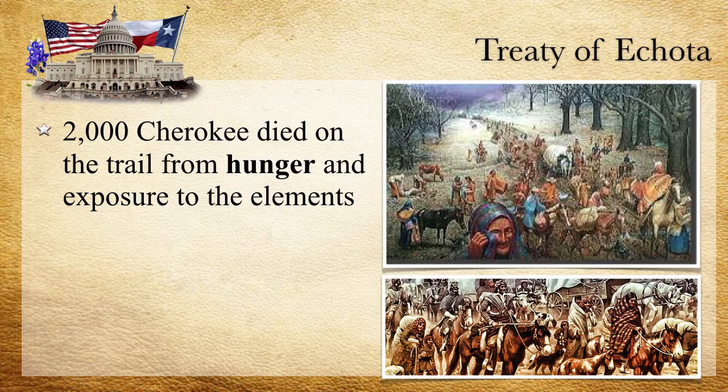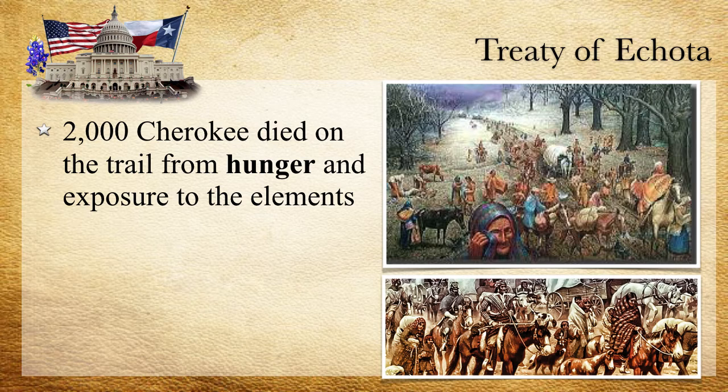Okay. The Treaty of Echota, also pronounced by some Ecota. So sometimes Ecota, sometimes Echota, depending on which source you listen to. I'll probably say Echota most of the time. But after this treaty was signed and the U.S. honored it, they started evacuating these Native Americans into this big line of people, thousands, tens of thousands of people, basically.